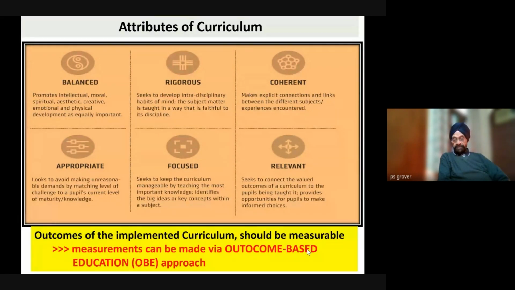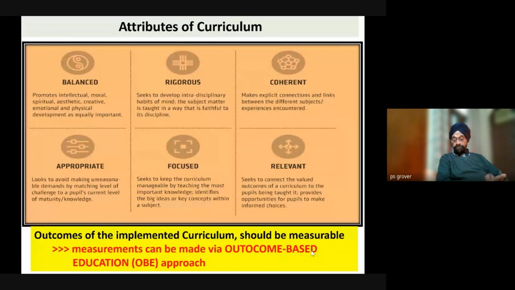It should be relevant. It seeks to connect the valued outcomes of a curriculum to the pupil being taught, and provides opportunity for pupils to make informed choices. Now, this is important because this is how the student will do it. So outcomes of the implemented curriculum should be measurable.